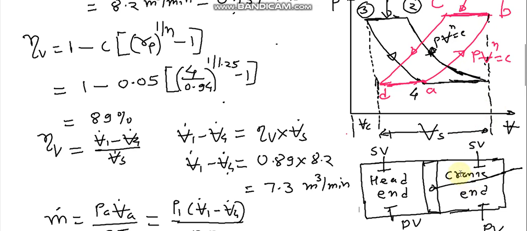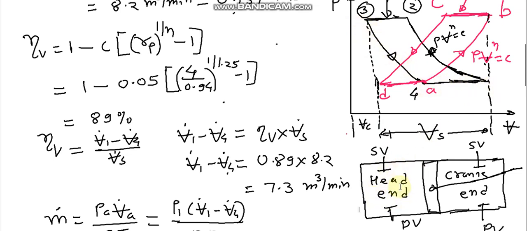Now see the double acting compressor. Suppose the piston is at point number three and starts moving from head end to crank end. At the head end there is expansion, the gas expands, and the inlet valve opens and air is taken inside the cylinder, meaning processes 3 to 4 and 4 to 1.